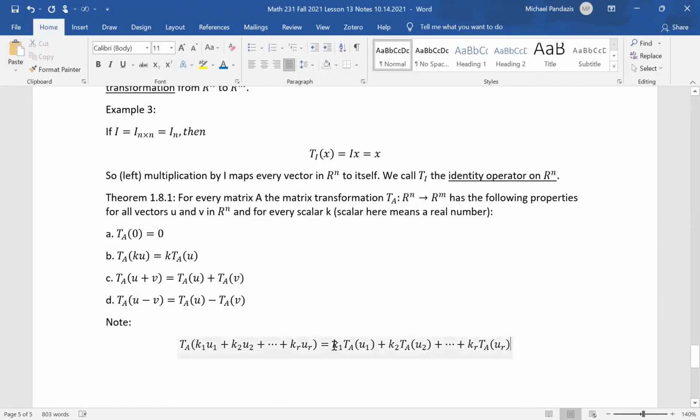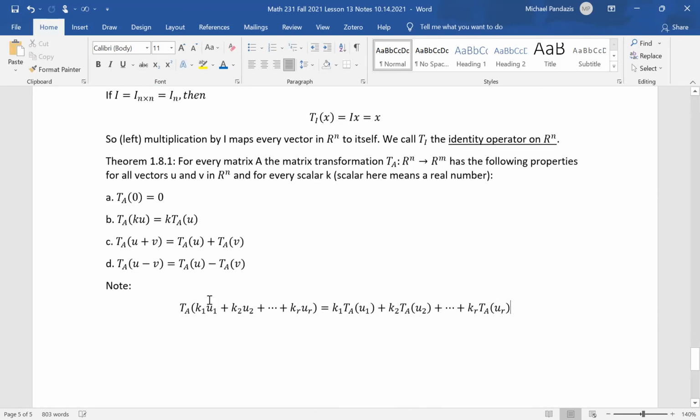Okay, so you can see how these are similar, right? Instead of T sub A of the sum of products, it's the sum of T sub A of each term. So it would be T sub A of this product plus T sub A of this one plus ... plus T sub A of that one. And because of B, the constant inside the parentheses can move outside of it.